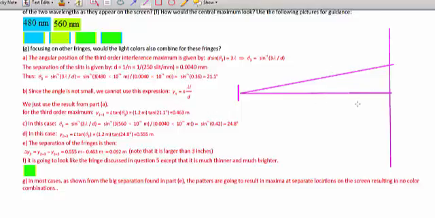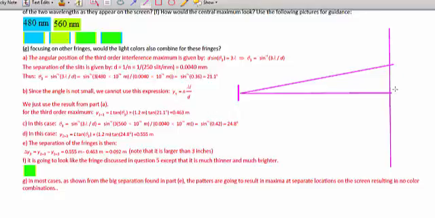So we have to use this, which more accurately represents what the sides are. We know the angle here is 21.1 degrees. We know the angle. We know the distance separating the slits from the screen. That's L, the 1.2 meters.